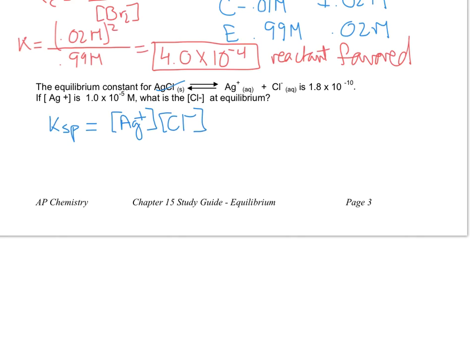Okay? Well, we are given K, or Ksp. It's 1.8 times 10 to the negative 10th. That's pretty low. That means that this is not very soluble, because this is reactant favored since it's so small. That means there's not very much products there. Anyway, 1.8 times 10 to the negative 10th is equal to, they tell us the Ag plus at equilibrium is 1.0 times 10 to the negative 5th.